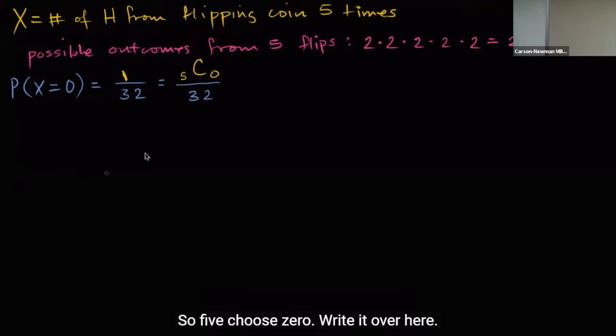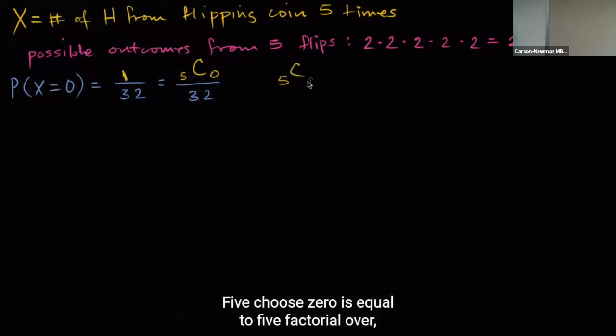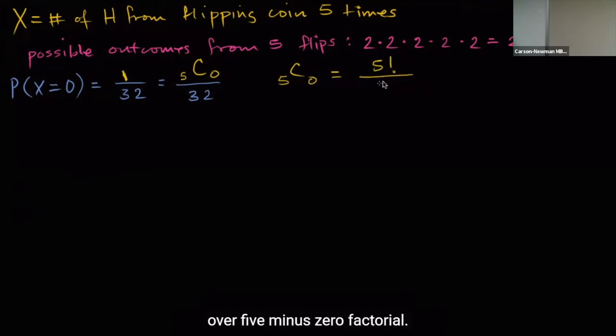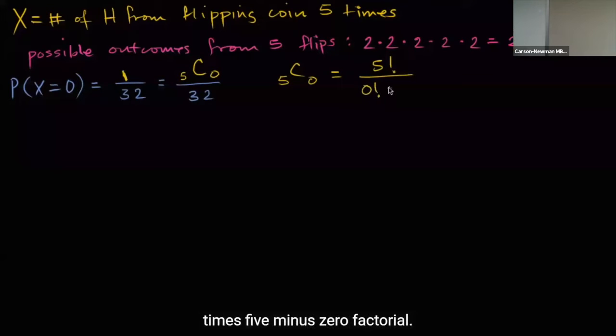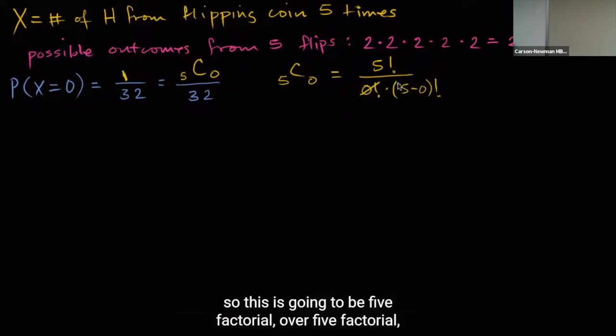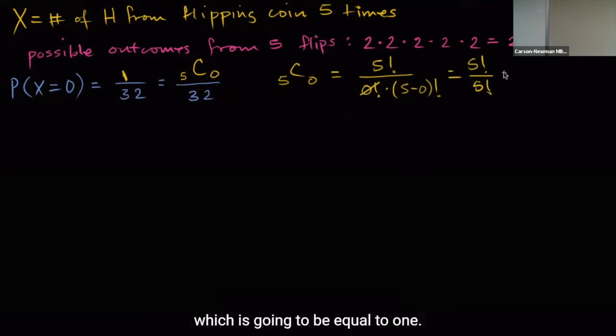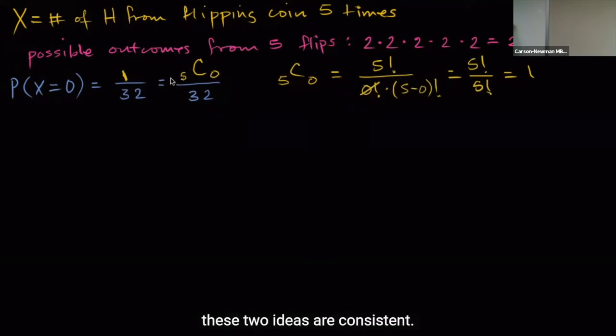So 5 choose 0 is equal to 5 factorial over 0 factorial times 5 minus 0 factorial. Well, 0 factorial is 1 by definition. And so this is going to be 5 factorial over 5 factorial, which is going to be 1. Once again, I like reasoning through it instead of applying a formula, but I just wanted to show that these two ideas are consistent.